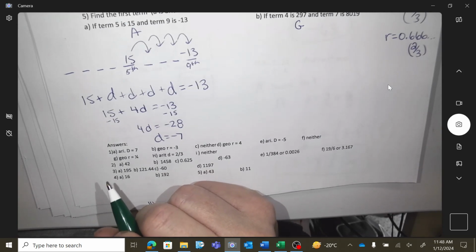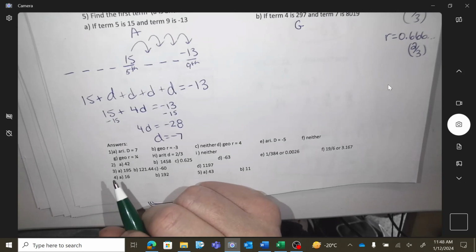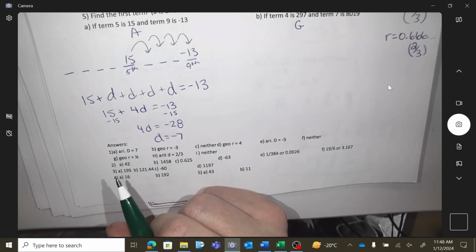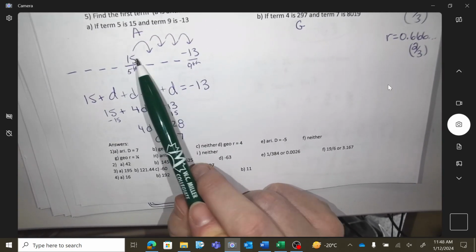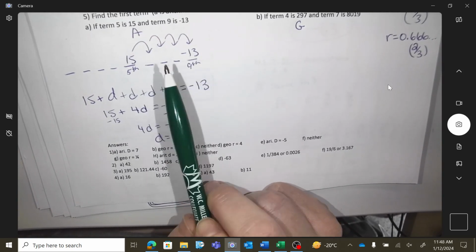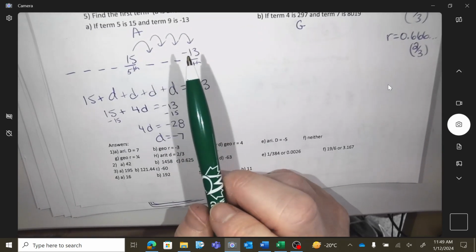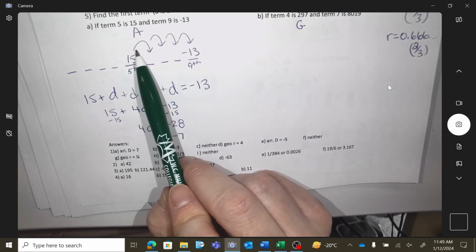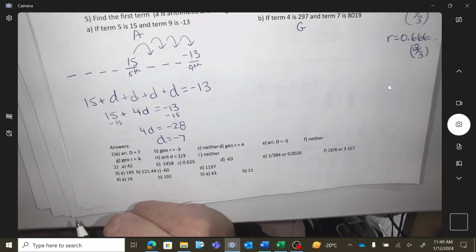So it looks like the pattern was going down 7, down 7, down 7, down 7. So you could say, what was this entire jump, and divide it by 4, right? From here to here, how much did I move? And then if I had 4 jumps, divide by 4 tells me how much I did each jump.